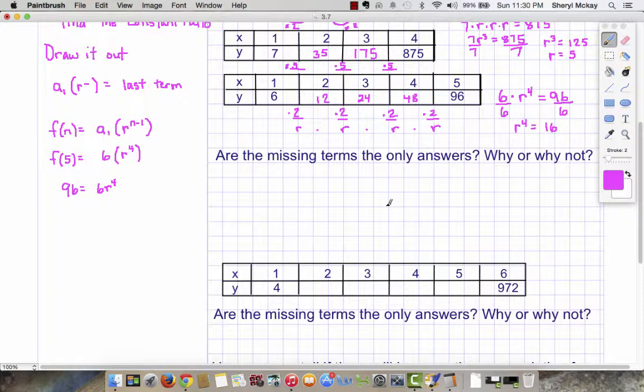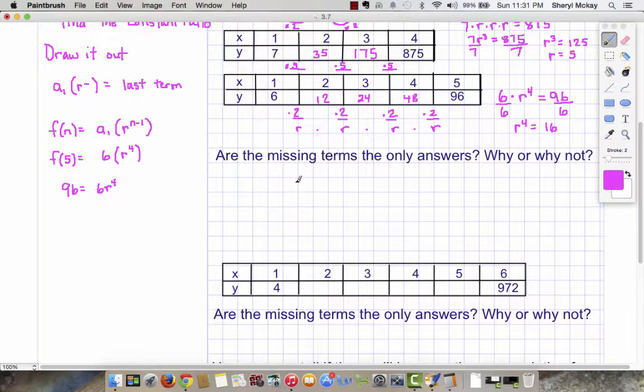Are the ones that we found right here, 12, 24, and 48, the only possible answers? Are those the only possible answers that we could get here and still end up with a constant ratio, and start with 6, end with 96, maybe have different numbers in the middle? Think about that for a minute, and then tell me what you think.